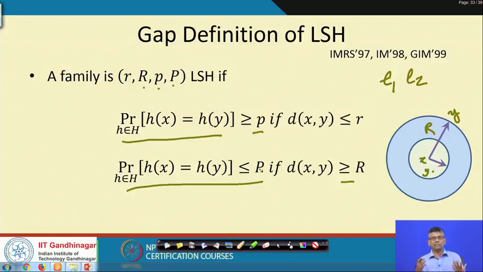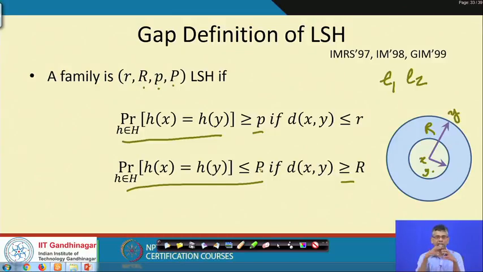We are strictly relaxing the definition that we had, because previously we said that the probability of collision monotonically decays with 1 minus distance, or monotonically decays with similarity, right. So, now we are saying that we do not really bother so much. For points we have 2 radii, which will be fixed later based on applications.